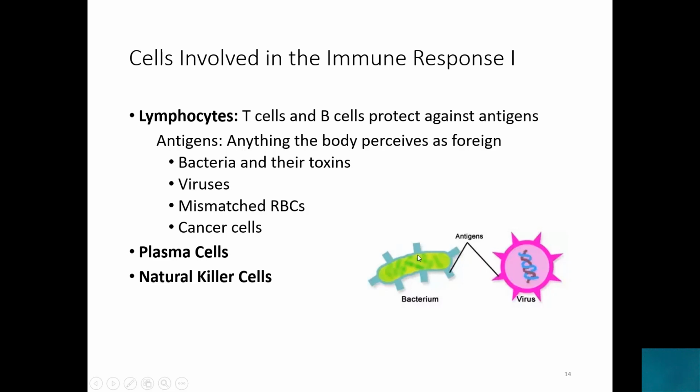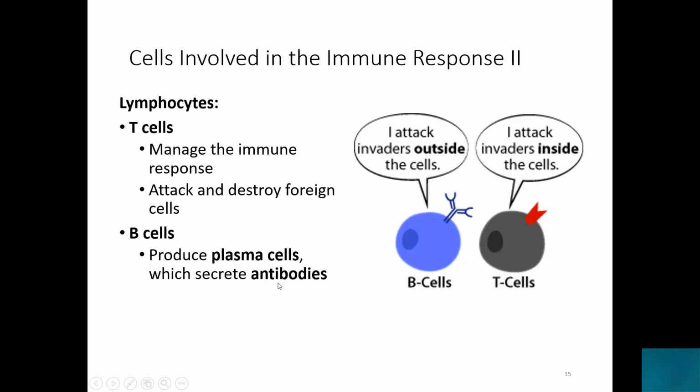Our lymphatic system and our immune cells are capable of recognizing those foreign antigens and destroying them. So antigens would be anything the body perceives as foreign: bacteria, their toxins, viruses, mismatched red blood cells, and cancer cells. Other cells we'll talk about are plasma cells and natural killer cells.